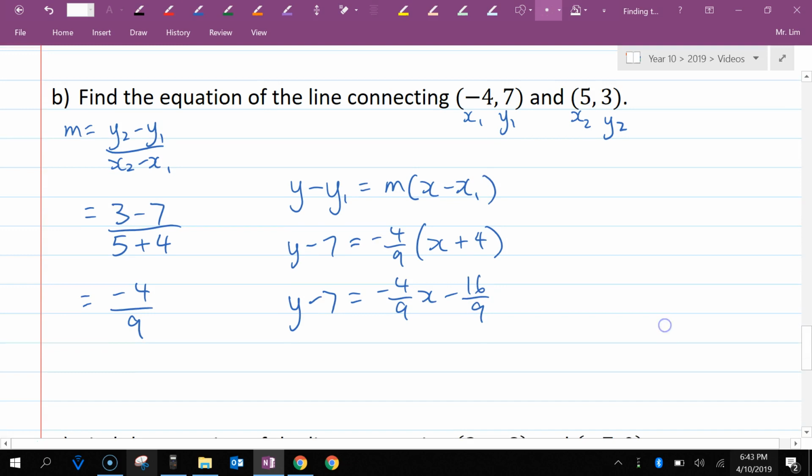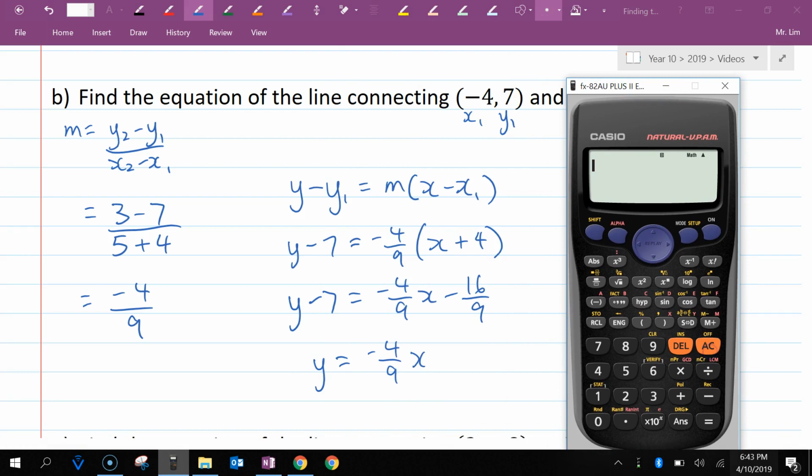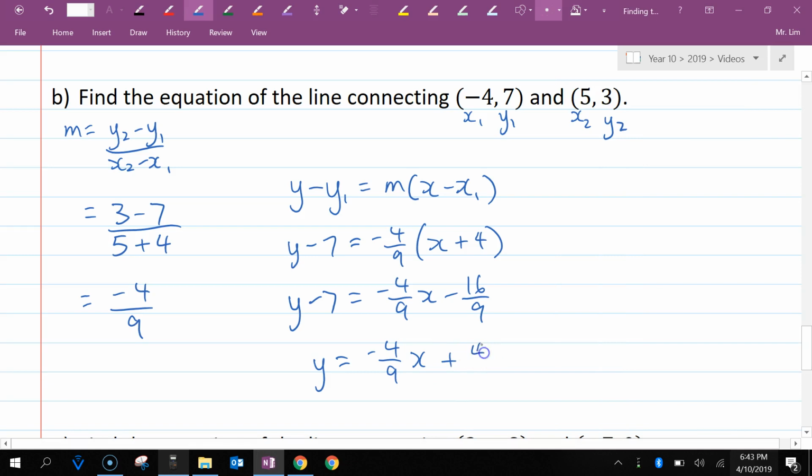And now we can add 7 to both sides. Y is equal to -4 over 9x, and let's see what minus 16 over 9 plus 7 is. 47 over 9. And that's our final answer.